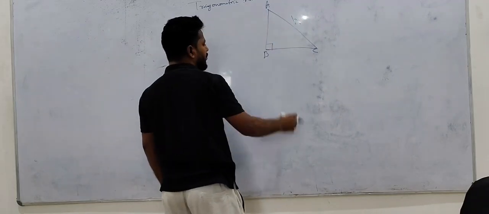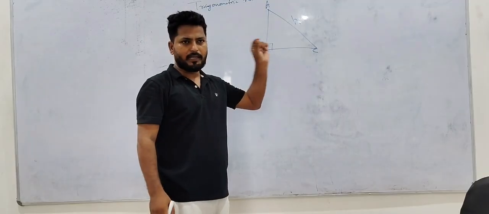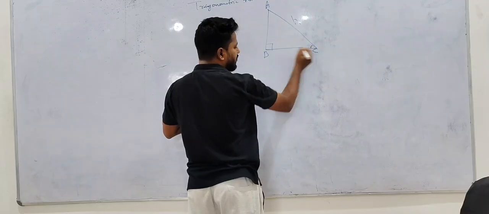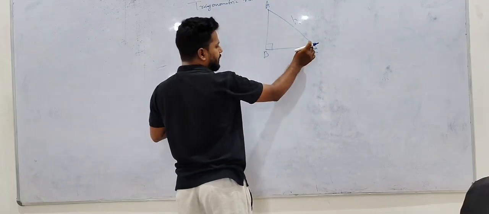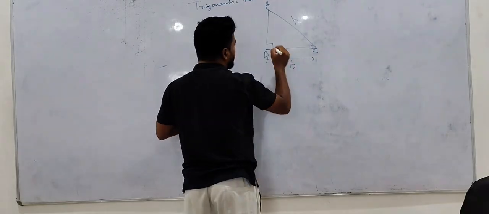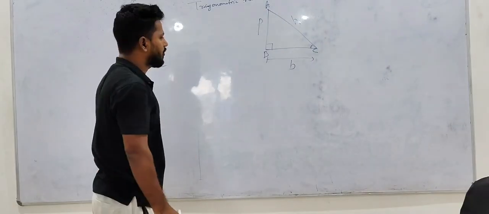We have to decide which one is perpendicular and which one is base. The angle we take as a reference will decide the base. So if we have taken this angle as a reference, then this will be the base, and the remaining side is perpendicular.